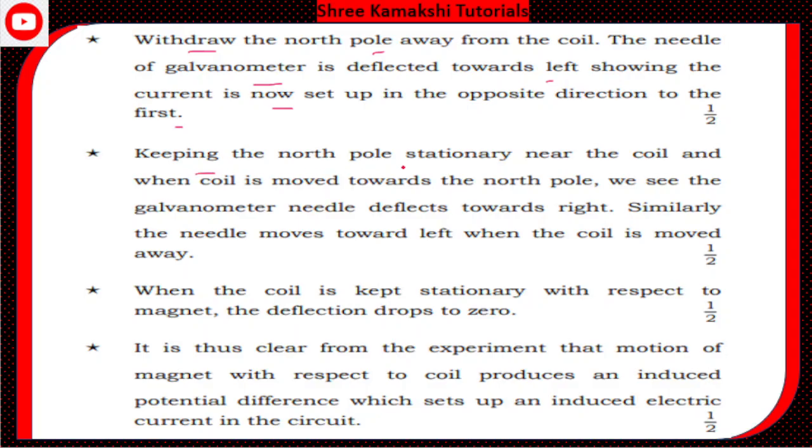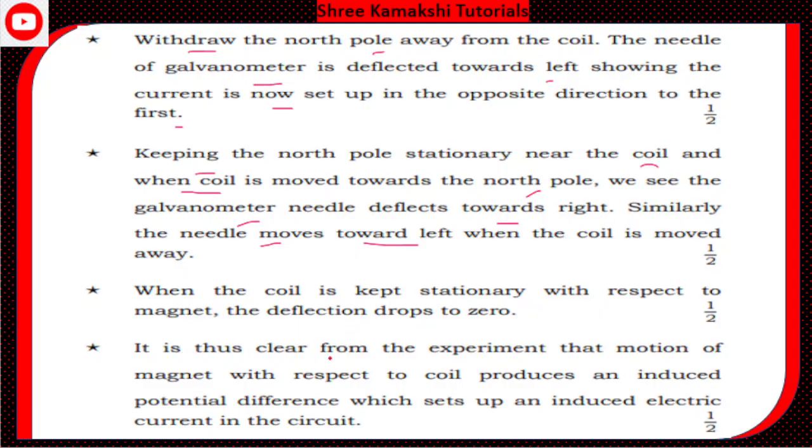Keeping the north pole stationary near the coil, when the coil is moved towards the north pole, we see the galvanometer needle deflects towards the right. Similarly, the needle moves towards the left when the coil is moved away. When the coil is kept stationary with respect to the magnet, the deflection drops to zero.